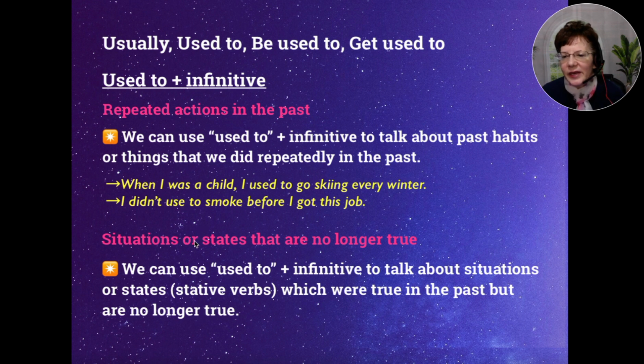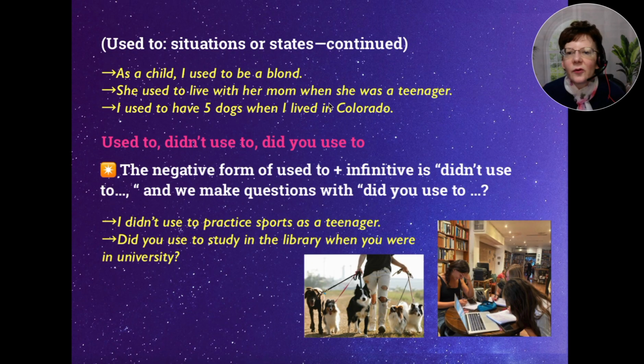All right. Then we have situations or states that are no longer true. We can use used to plus infinitive to talk about situations or states using stative verbs, which were true in the past but are no longer true. Okay, a couple examples. As a child, I used to be blonde. This here is a state.